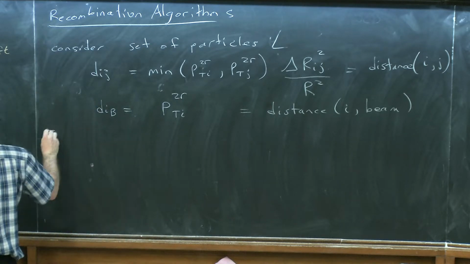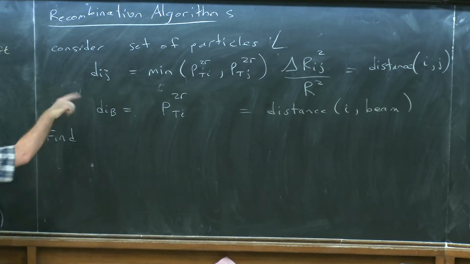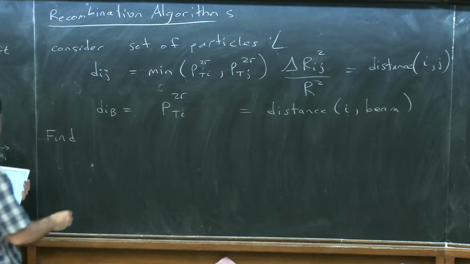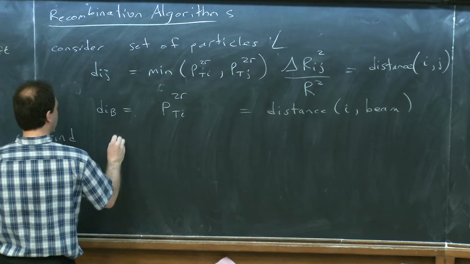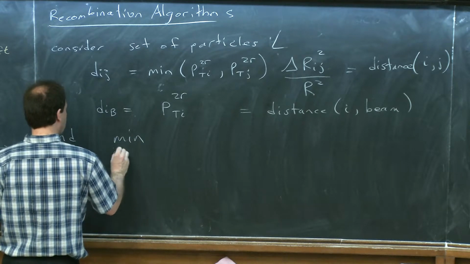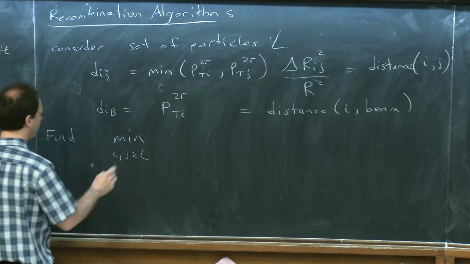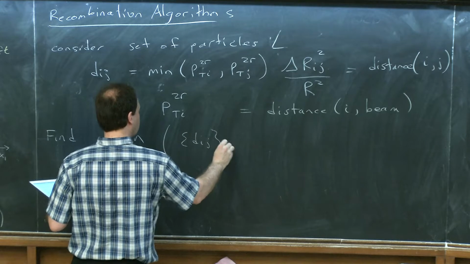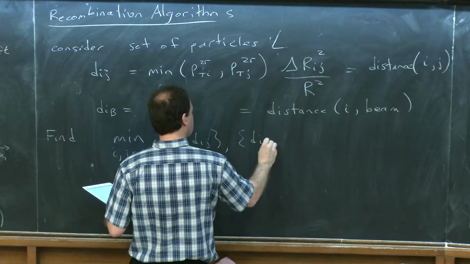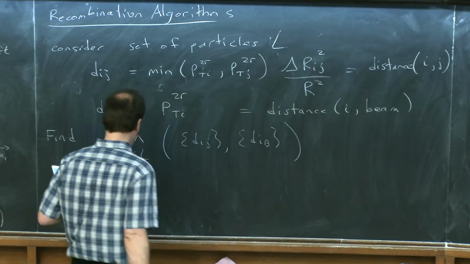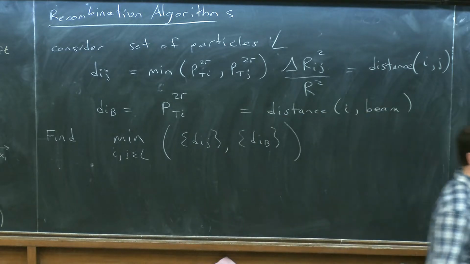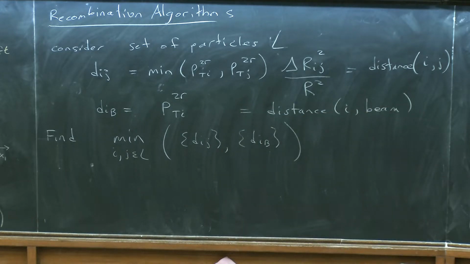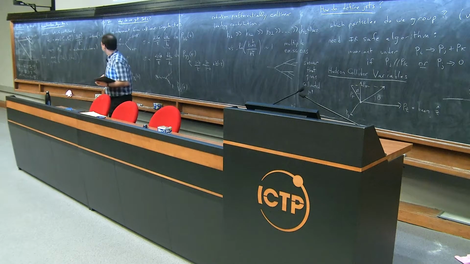And then what I want to do is take all particles, calculate these d's for all pairs of particles, and find the minimum of all the d's in the set. That is the algorithm. And depending on which one is the minimum, I do one of two different things.